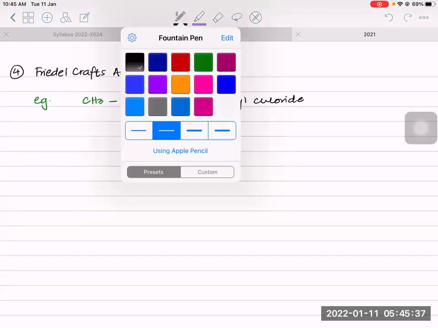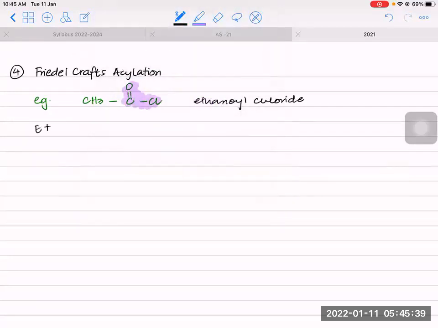Now, what will be the electrophile from this ethanoyl chloride? The electrophile will be CH3CO with a positive charge, because the Cl will break off, obviously. So this is your electrophile. Then what will be your product? The product for this would be phenylethanone.